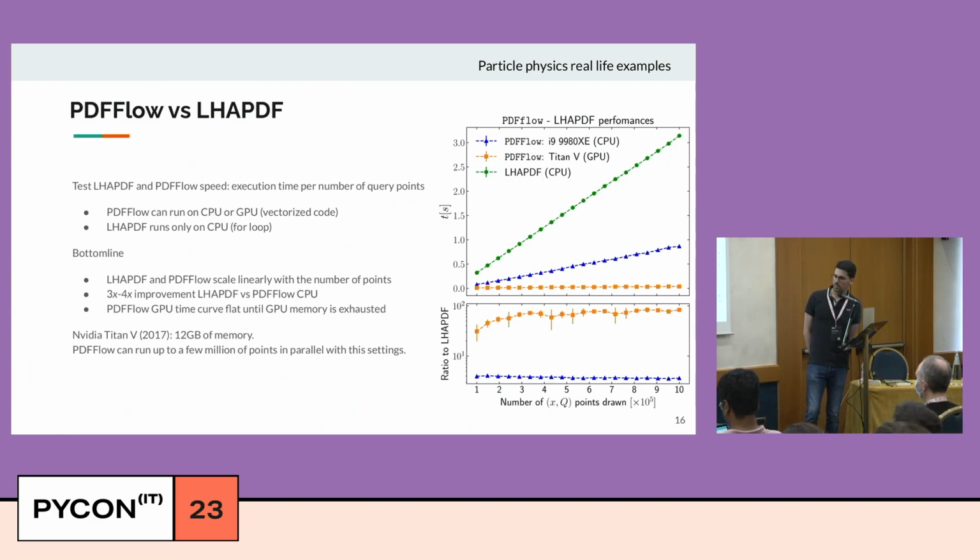So the interesting part is that you receive enormous speed up if you're using a GPU. So the orange curve here. On the bottom row, you see the ratio between the performance of each line of our tool against the green line. So 100, almost 100 times speed up, if you consider that we have order of 1 million points in the vector as inputs.